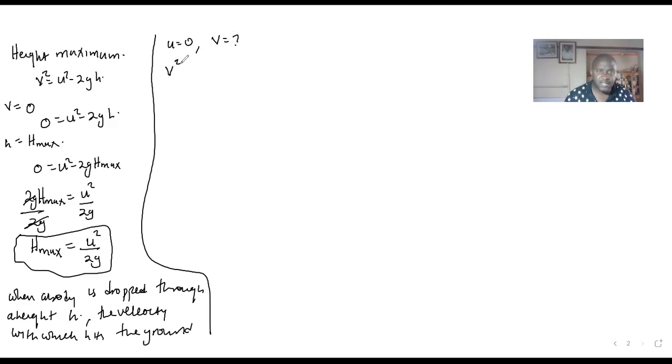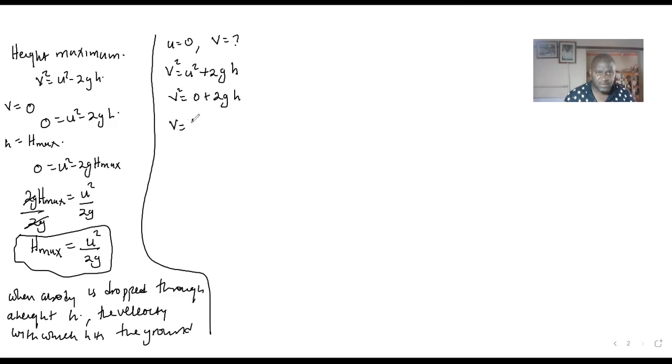From V squared is equal to U squared plus 2GH. Why am I saying plus? Because it's coming down. Remember, we have seen whenever bodies are coming down, acceleration due to gravity is positive. Therefore, V squared is equal to 0 plus 2GH.